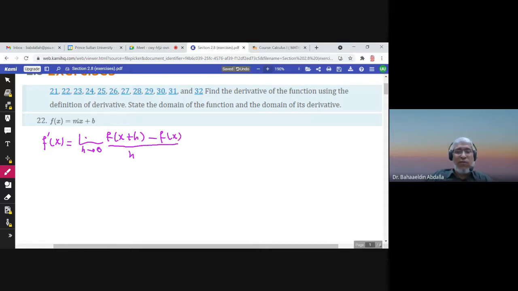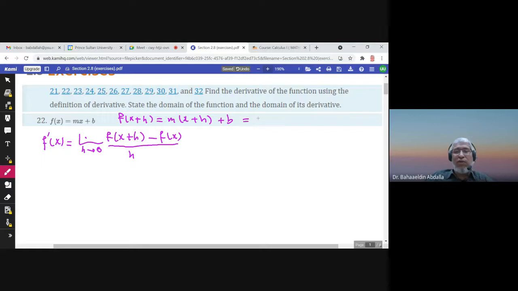Well, f of x is given in the question, so this is f of x equals mx plus b. And to find f of x plus h, we replace x by x plus h. So we will have m, and instead of x, we write x plus h, plus b.